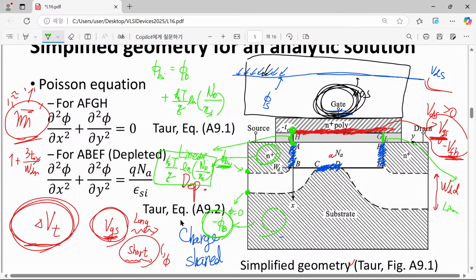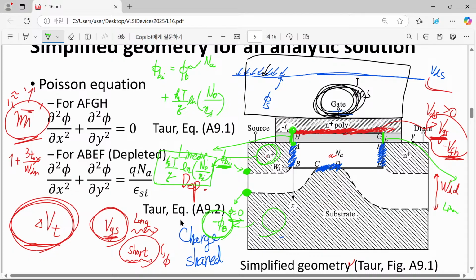So now you understand all of this. Of course, this phi b is still dependent on your acceptor density, p-type substrate. Now, between them, following Professor Tower's notation, phi is 0.